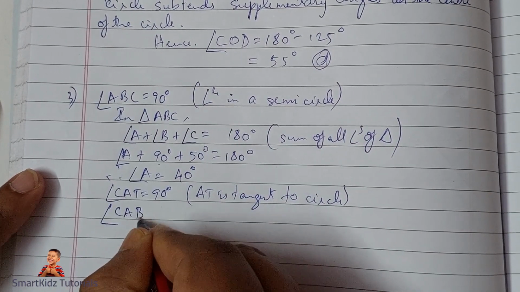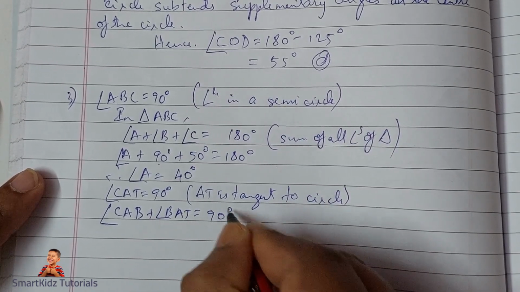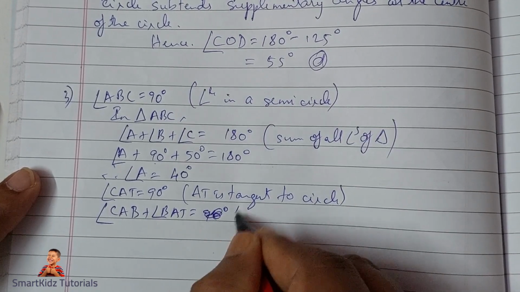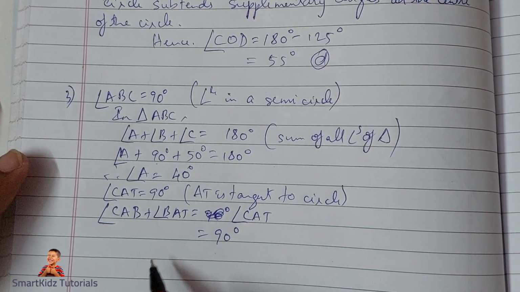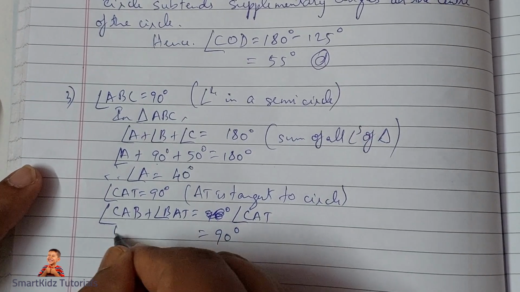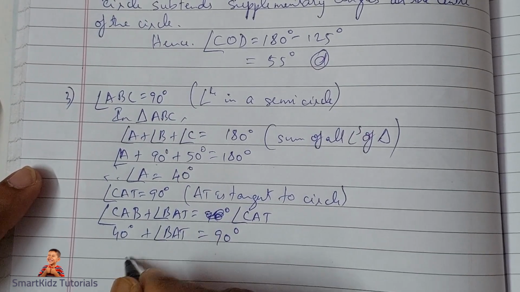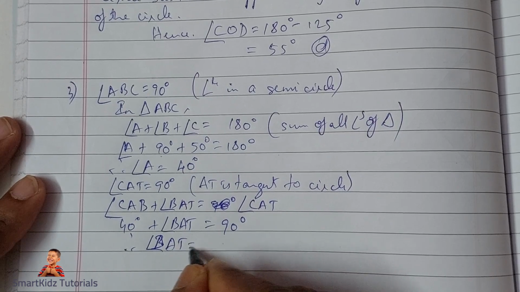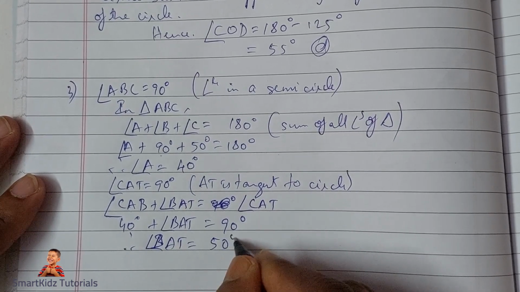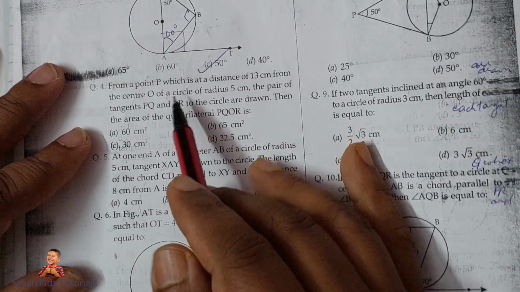Angle CAB plus angle BAT equal to 90 degrees, equal to angle CAT. Angle CAB we have been given as 40 degrees. And angle BAT is what we need to find out. Therefore angle BAT is equal to 90 minus 40, which is 50 degrees. So our correct choice would be C.